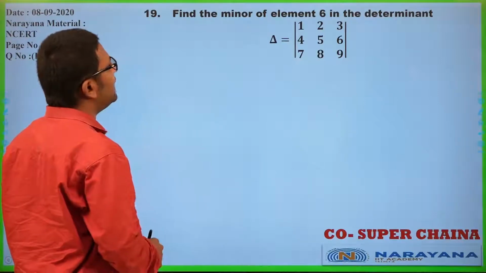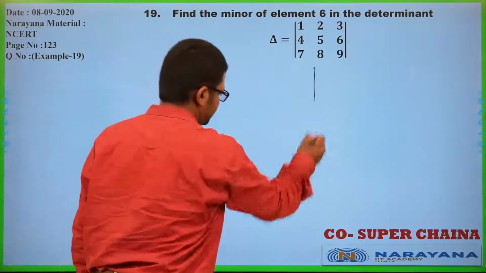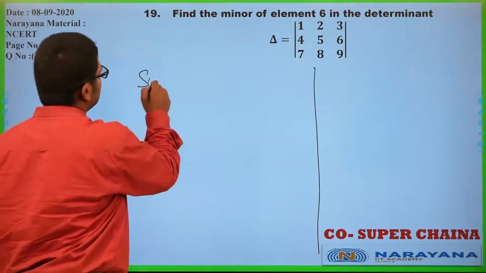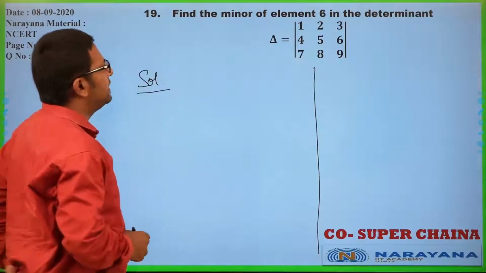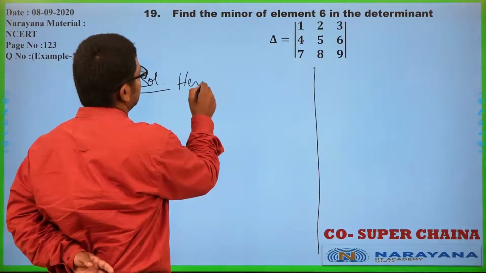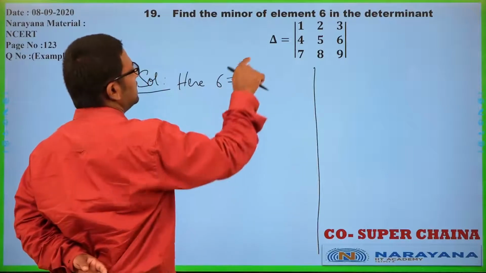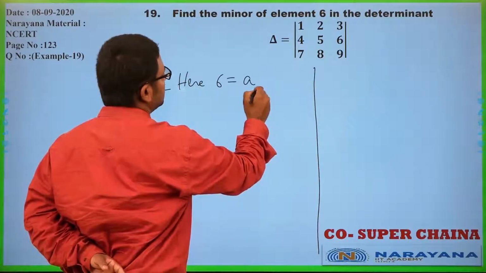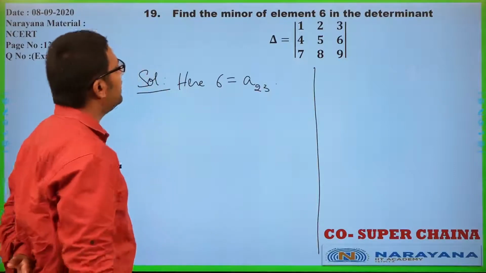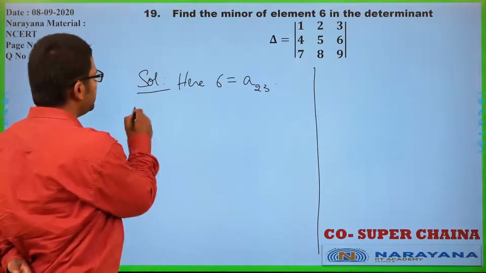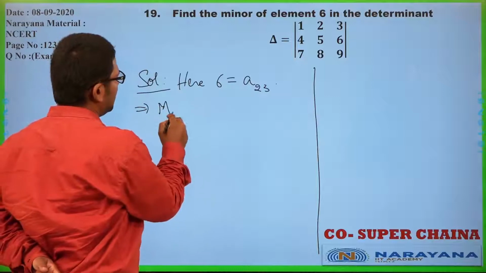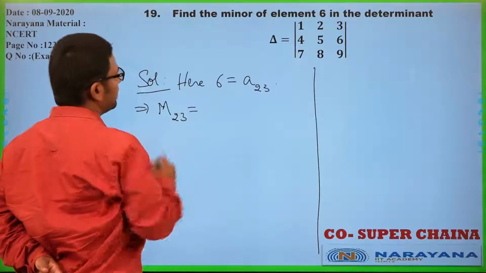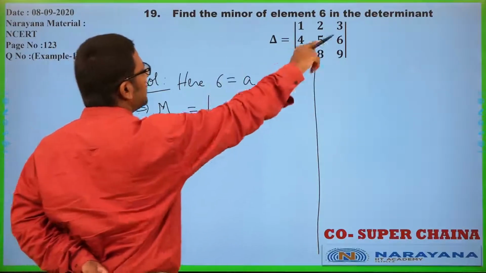Find the minor of the element 6 in this determinant. So here 6 is the element in second row, third column. So A23, right? So minor of 2, 3 would be, leave second row, third column.